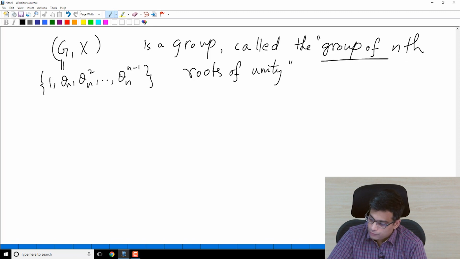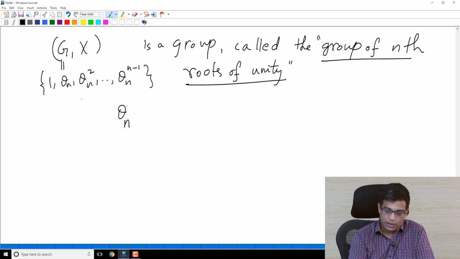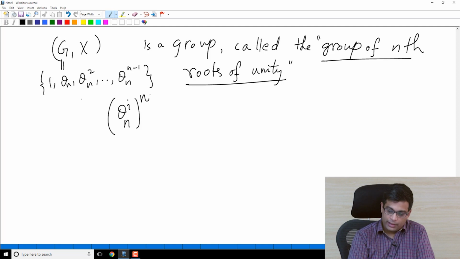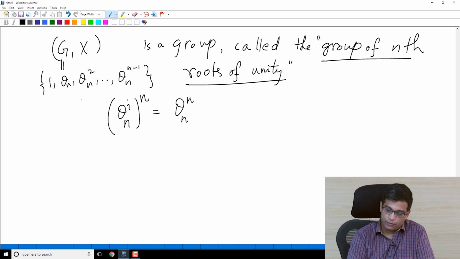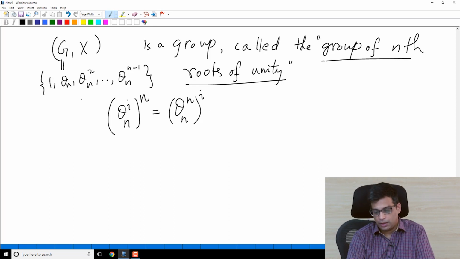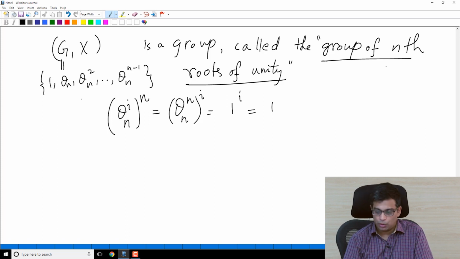It consists of nth roots of unity. Remember that every element of this group is an nth root of unity, because theta n power i, raised to the power n, is certainly equal to theta n power n, raised to the power i, because this is just i n and I can pull out i, and this is 1 power i, which is 1. So everything here is an nth root of unity; however, everything here is not a primitive nth root of unity. So it is called the group of nth roots of unity.